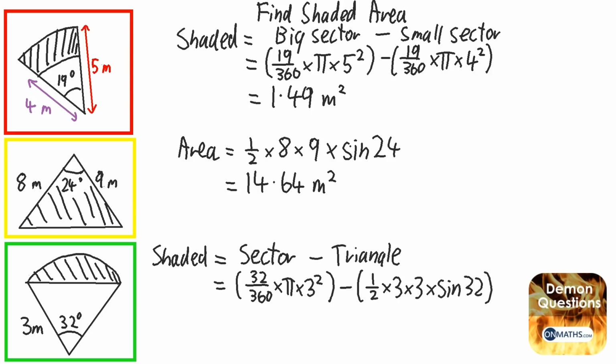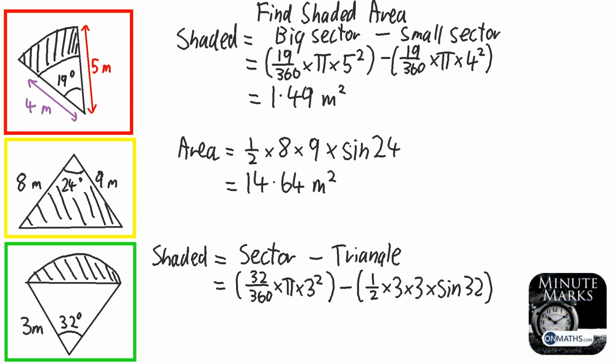Okay, so open bracket, 32 over 360 times pi times 3 squared, close bracket, take away, open bracket, half times 3 times 3 times sine 32, and then close bracket. Let's just check that all looks good.